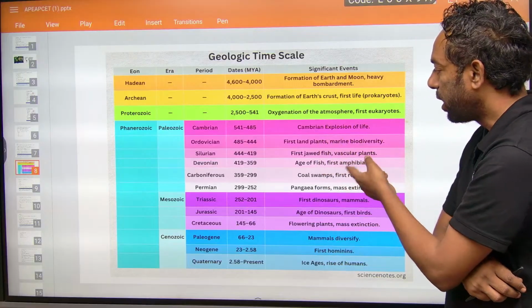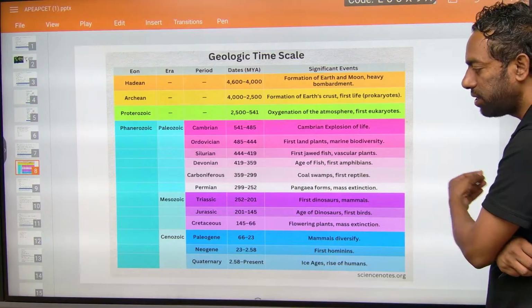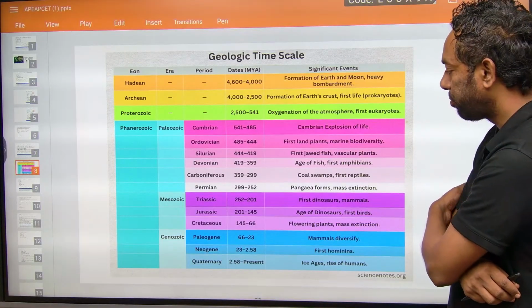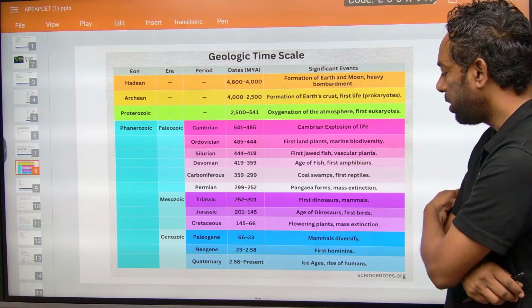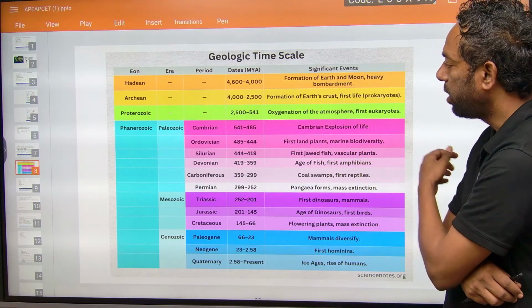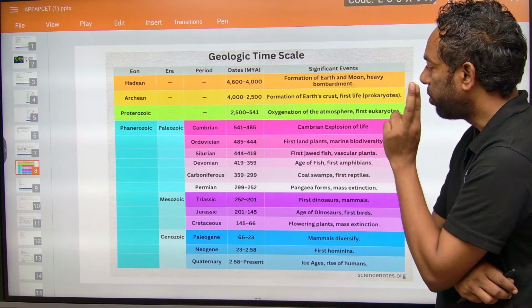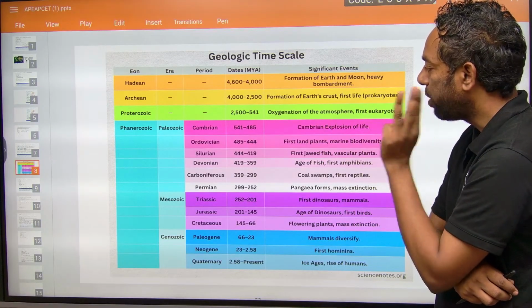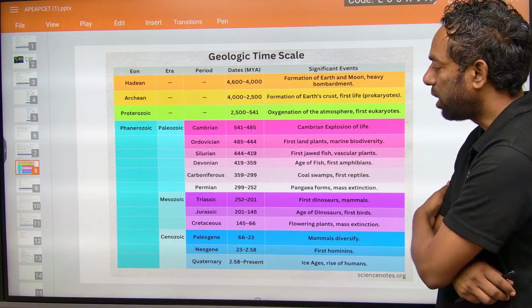Cretaceous: flowering plants, and a mass extinction takes place. Paleogene and Quaternary: the ice age and the rise of humans. Guys, Ordovician, Devonian, Carboniferous, Triassic, Jurassic and Cretaceous are important.